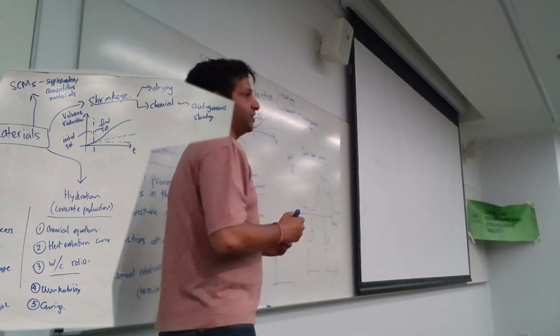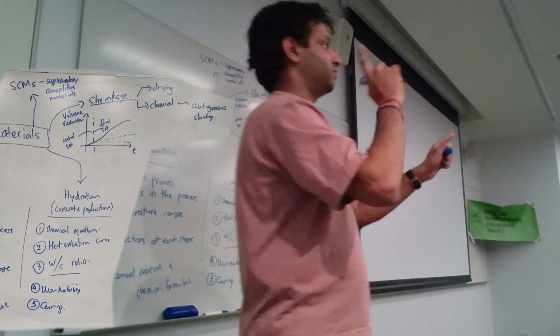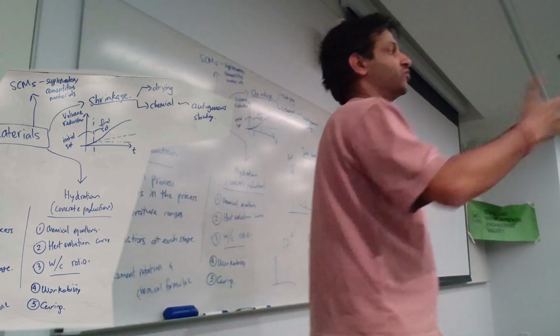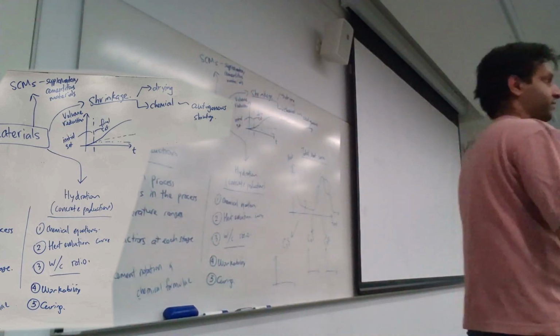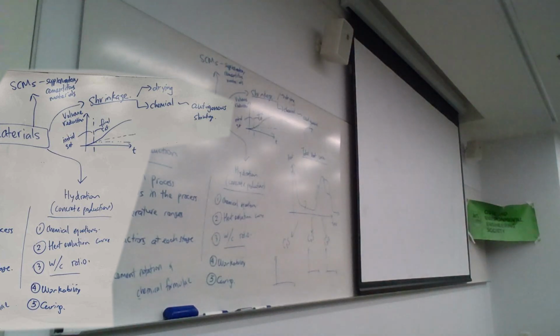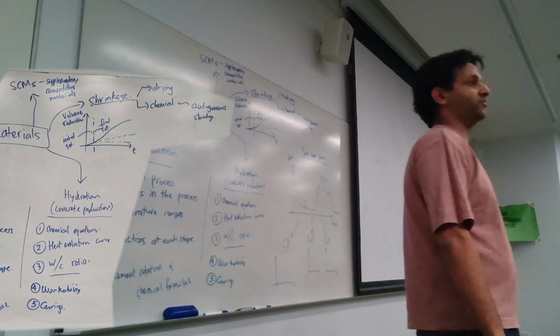Basically, materials that will supplement cement, that you can swap out with cement. Why would you want to swap out cement? It's because the cement process, the hydration process, gives off a lot of carbon dioxide. It's to decrease the carbon emissions from construction.